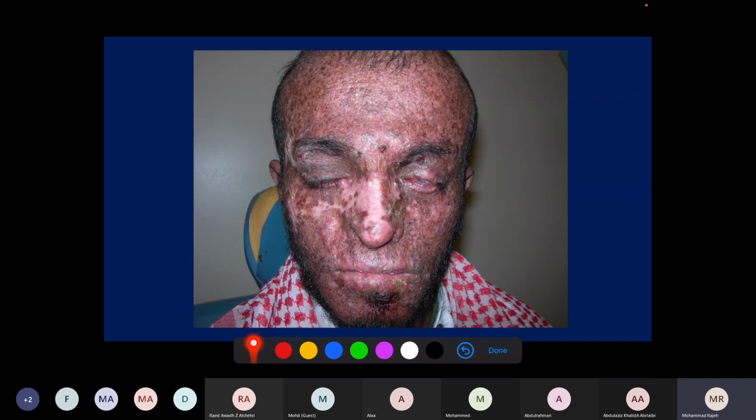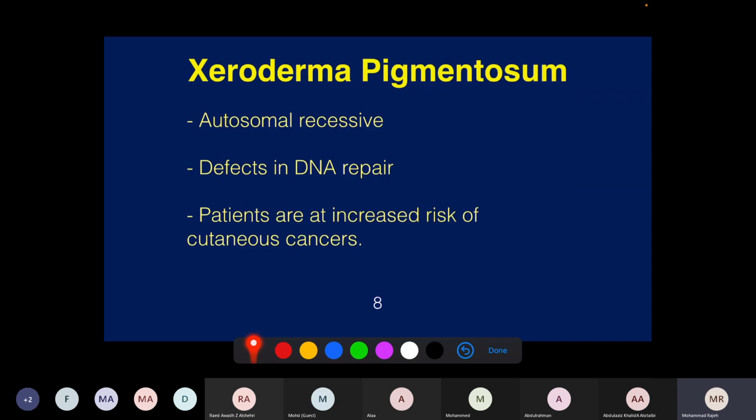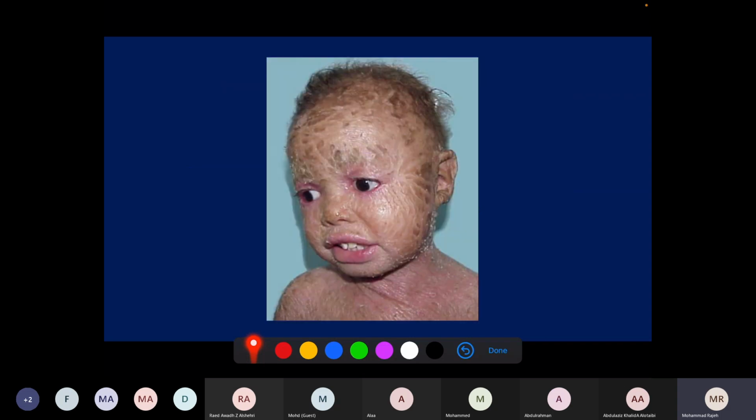What kind of skin cancers? So you need to screen the patient if he or she developed any new lesions. Okay. So as you mentioned, defects in DNA repair, it's autosomal recessive, and they are at risk of cutaneous cancer.